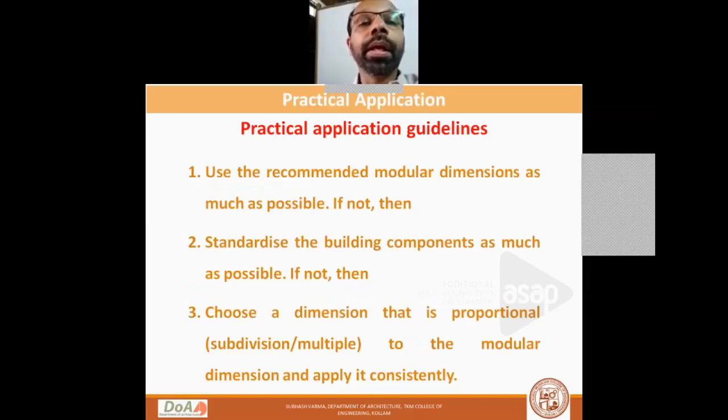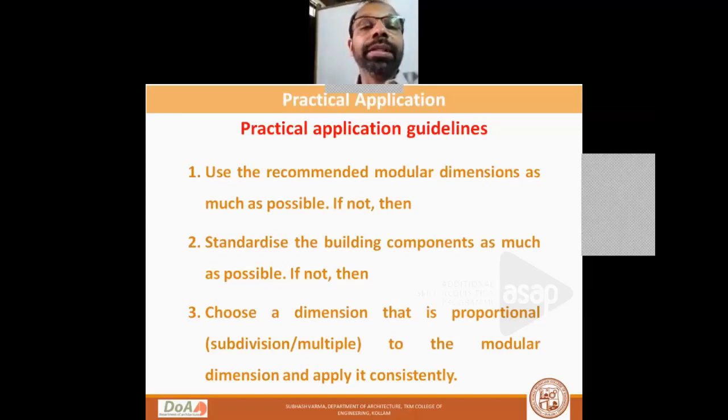system. Again, there are certain guidelines for practical application. The first guideline is to use the recommended modular dimension as much as possible. If you can apply the modular dimension comprehensively, then it is good. If not possible, then you can standardize the building components as much as possible.